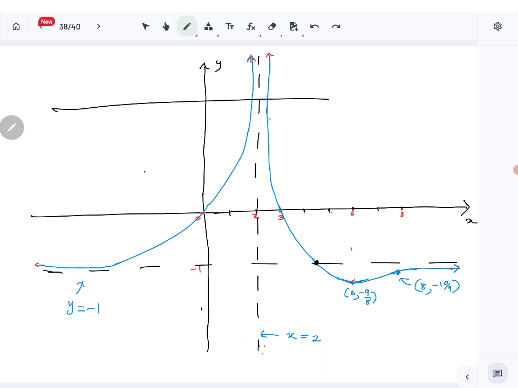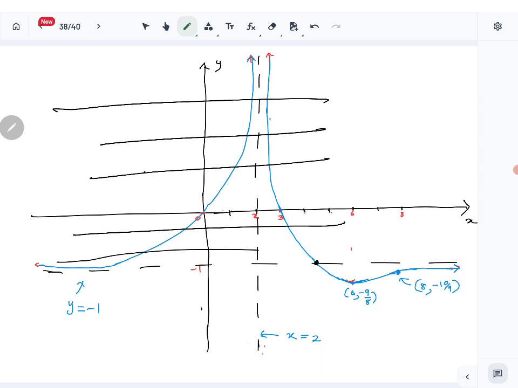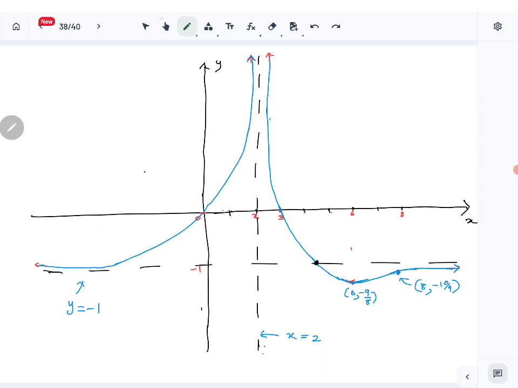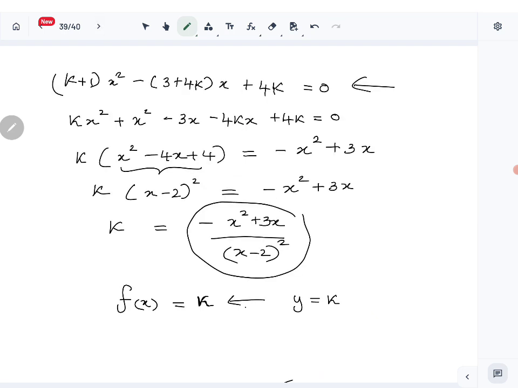So draw some lines: two intersection points, again two intersection points. So you can go from where to where. First you can go from minus 1 upwards, right? Anything above minus 1 works. You get two intersection points.